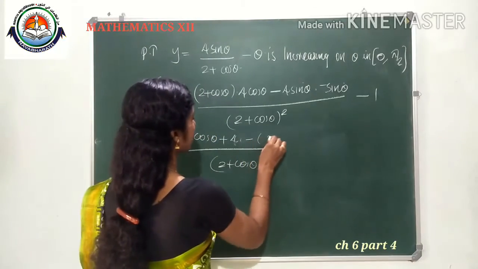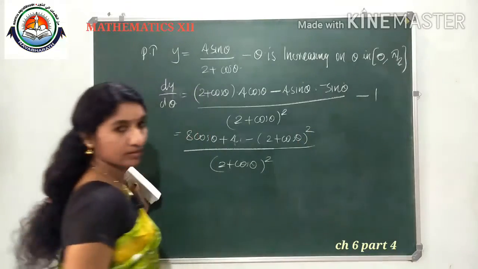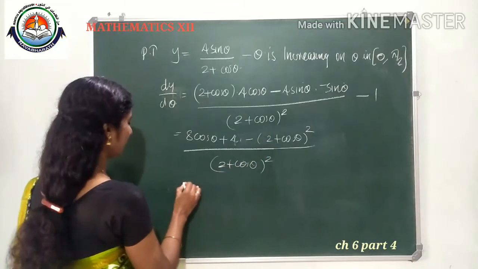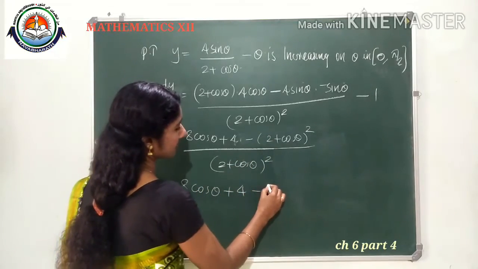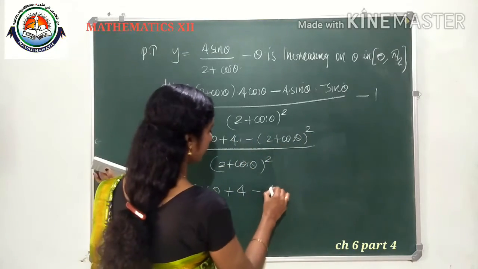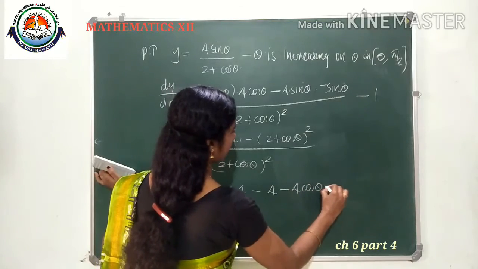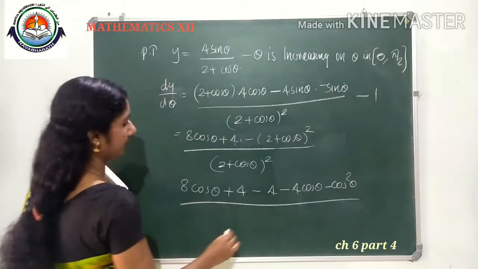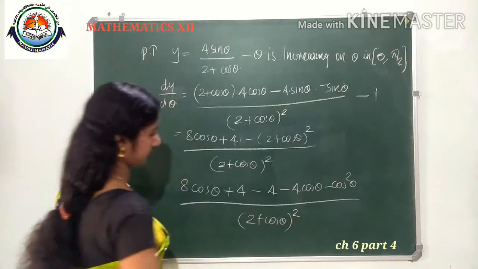We are getting minus (2 plus cos theta) whole square. Okay, just the cross multiplication method. Then expand this: 8 cos theta plus 4 minus, using the (a plus b) whole square expansion, and remove the bracket also: minus 4 minus 4 cos theta minus cos square theta, divided by (2 plus cos theta) whole square.